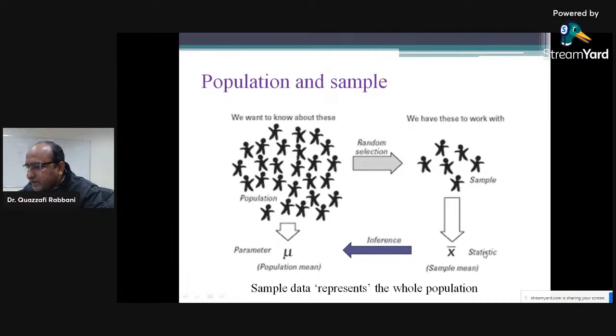So a statistic is the function of the sample and a parameter is used for the population. So this depiction is the population, the entire collection, and if we take some units from this population, this small part of the population is known as the sample.